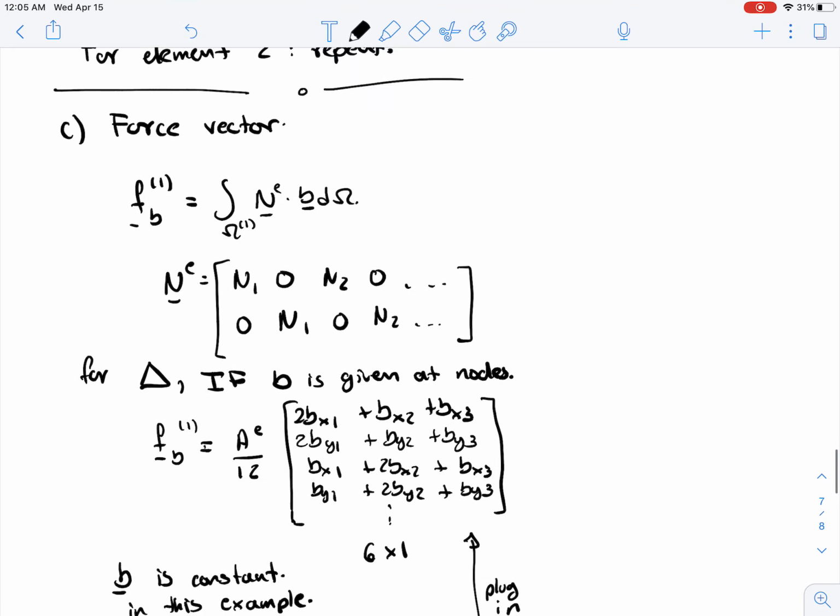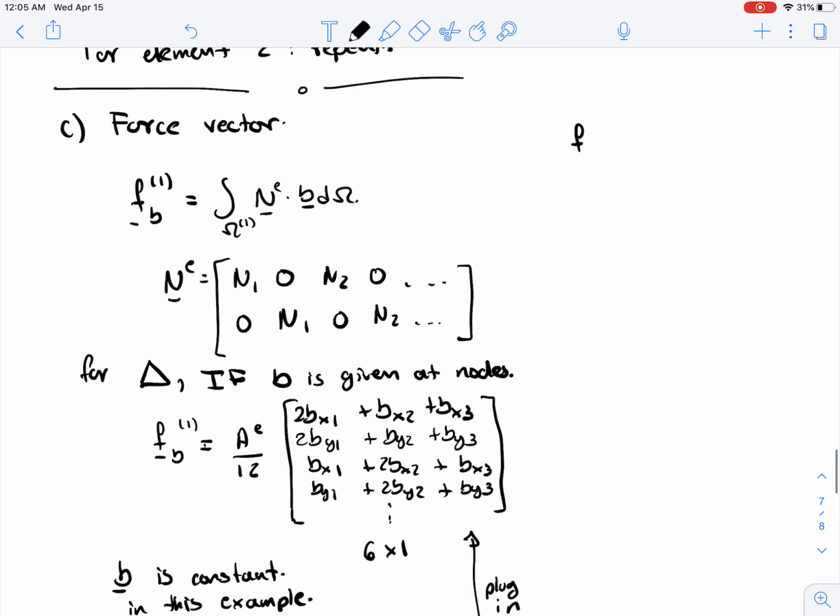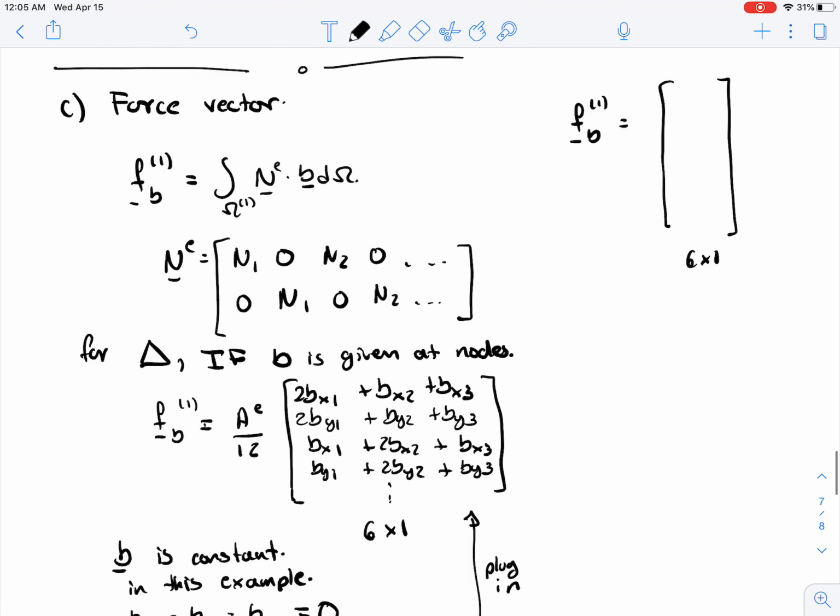So you can plug in the values and then you will get some definition of the force vector for element 1. And it's going to be some 6 by 1 vector. And if you are curious about the numbers, you can open the Python notebook. But this is going to be the force vector for element 1, and what we need to do is the assembly.